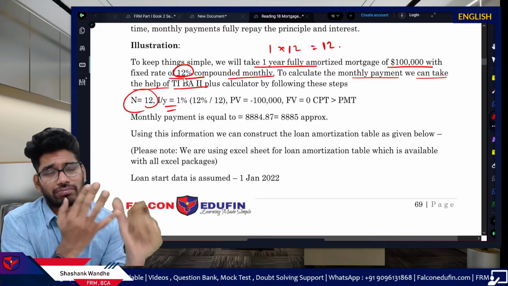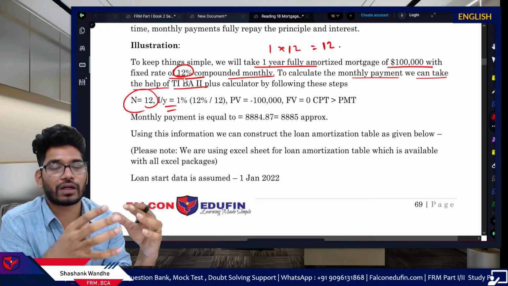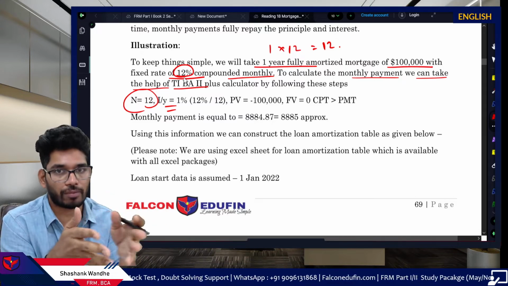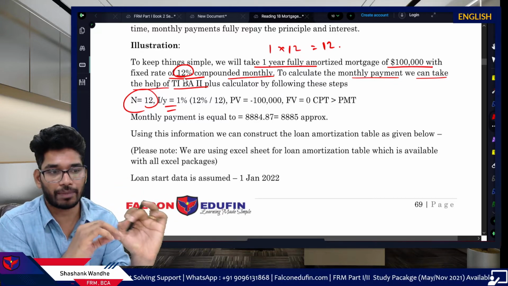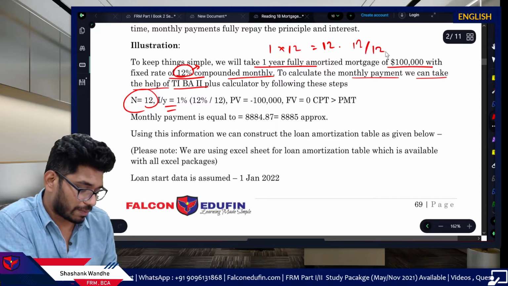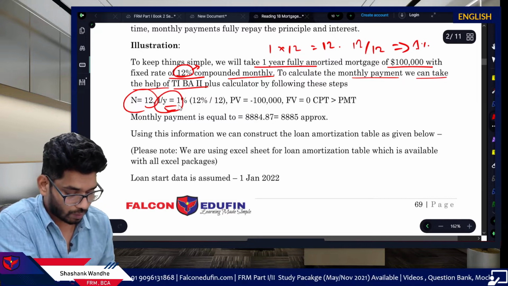If you assume annual or effective annual or continuous compounding, it will complicate your discussion. So just stick to monthly compounding. The question will provide you the information about the type of compounding. Unless otherwise specified, assume monthly compounding. Very simple. So 12% is the rate, 12% divided by 12 months, so you get 1%. So I/Y is equal to 1%, right?